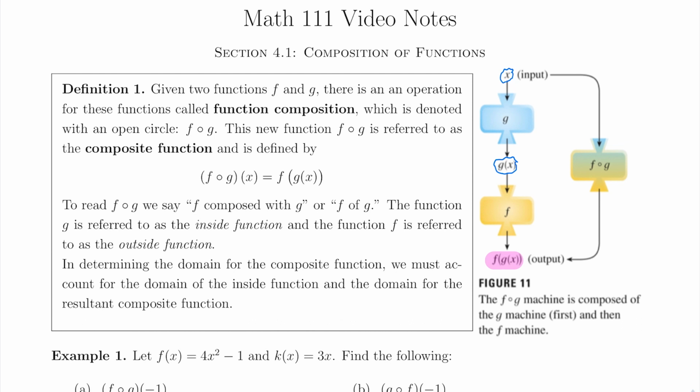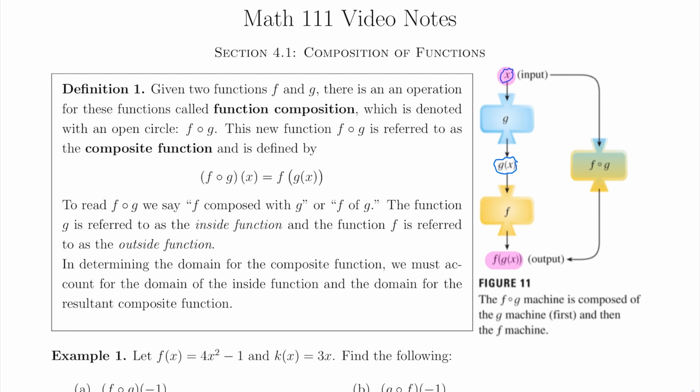So g of x was the intermediate output, which then becomes the new input, but our final output is our function f applied onto the output of our function g, which was applied on our input x. So all in all, we can think of it as if a third function is acting on our original input x, and then spits out our output f of g of x.